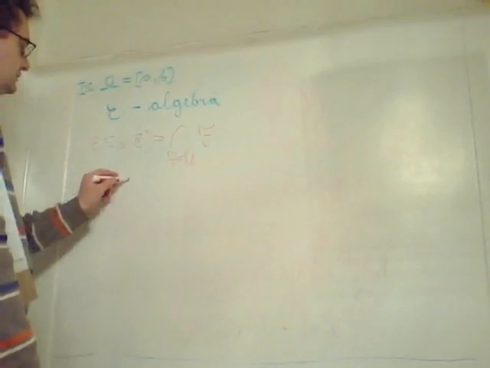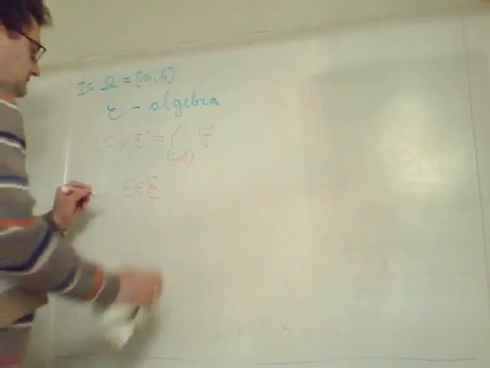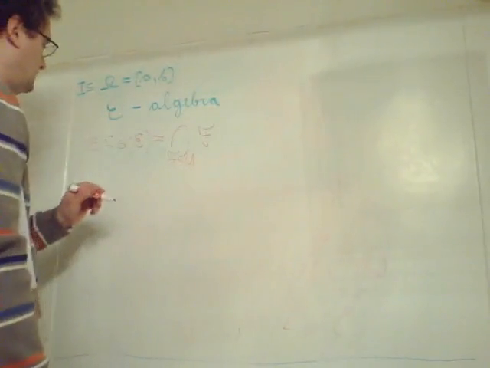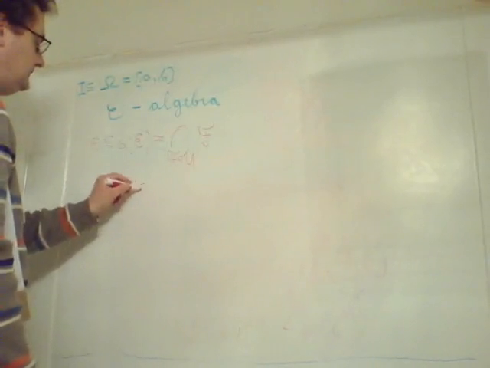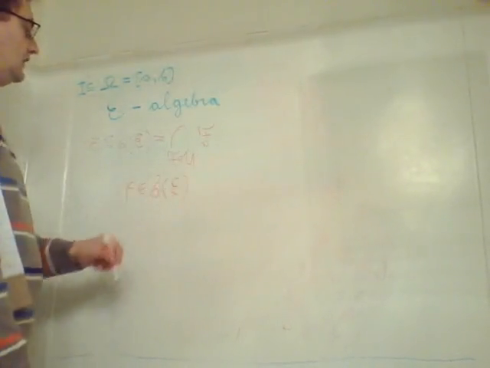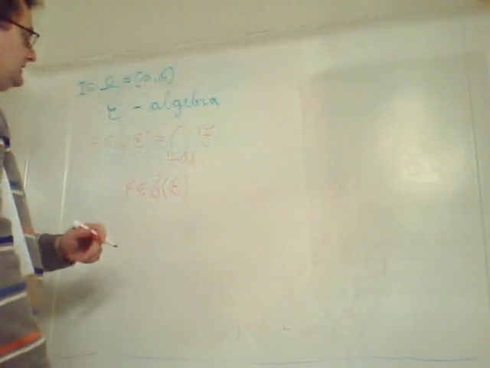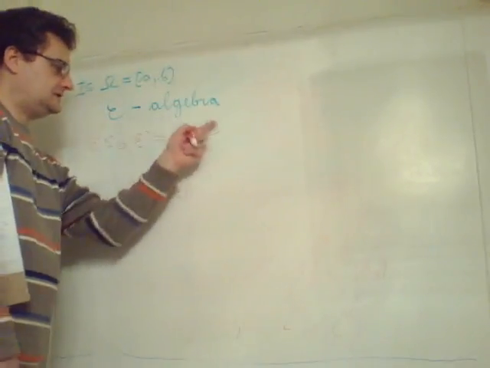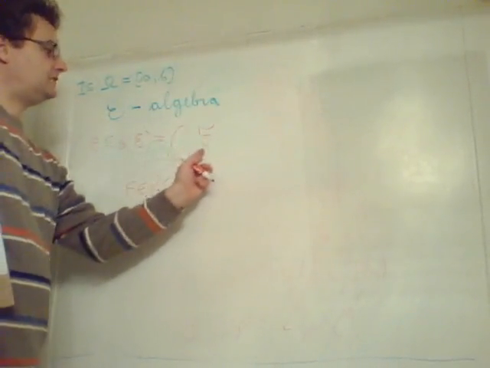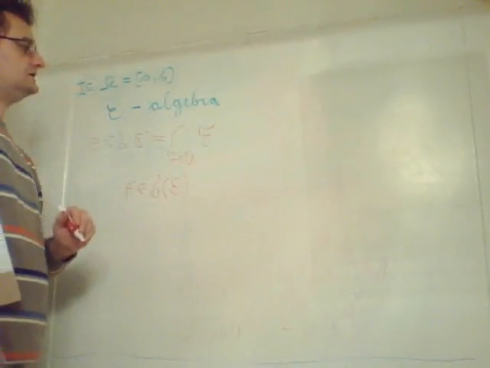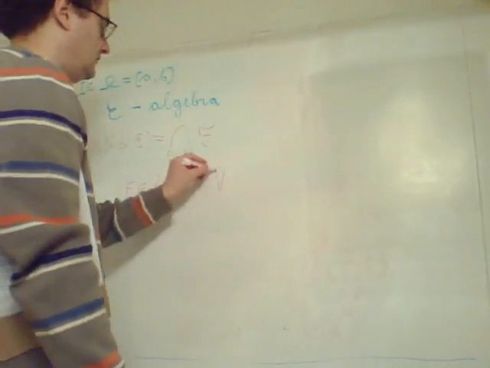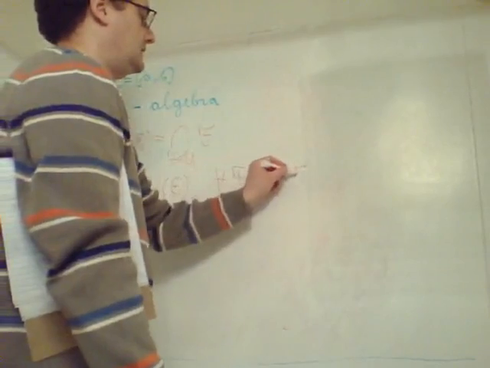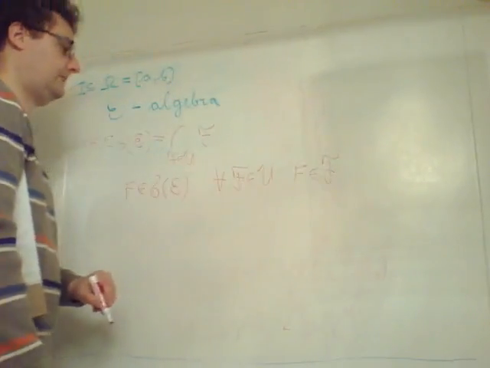So if you have, let's say, a set F in sigma of E, why is its complement also in sigma of E? Well, if F is in sigma of E, that means F belongs to this intersection, which means the set F belongs to each of these sigma fields. So for every sigma field in this collection U, the set F belongs to it.